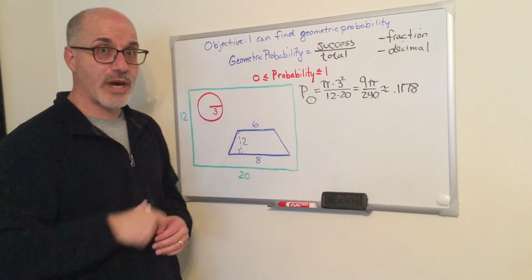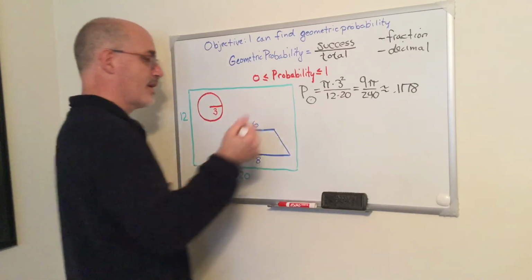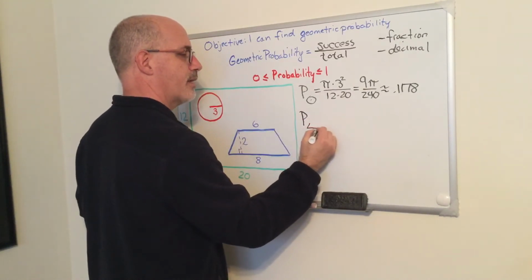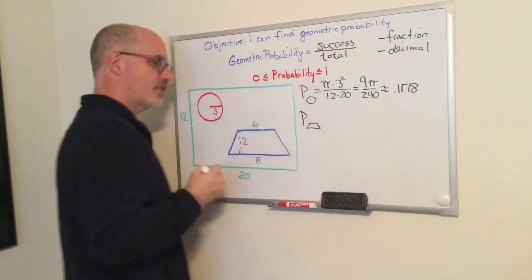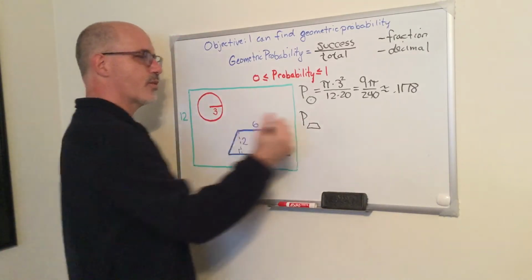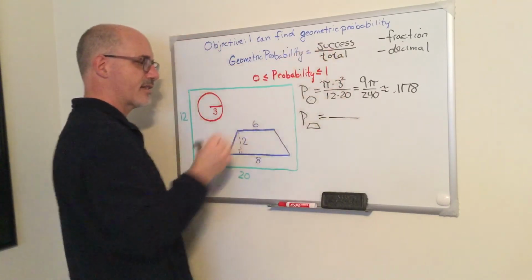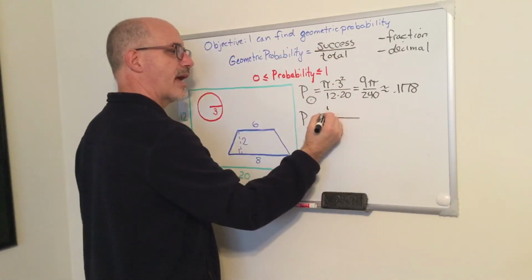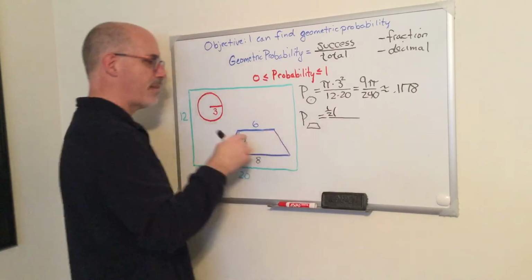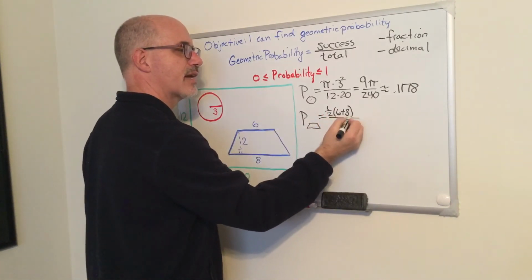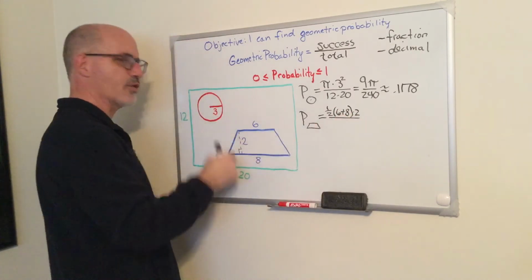Okay, now that you tried it, let's come back and do it together. So let's do the probability of this trapezoid. If you recall our formula, the success on the top is going to be 1/2 the sum of the bases, 6 plus 8, times the height, which is 2.